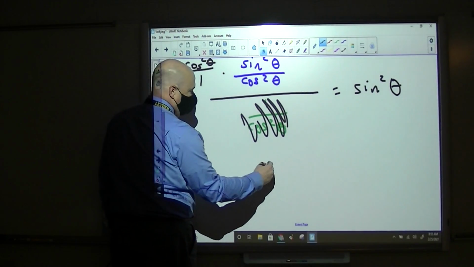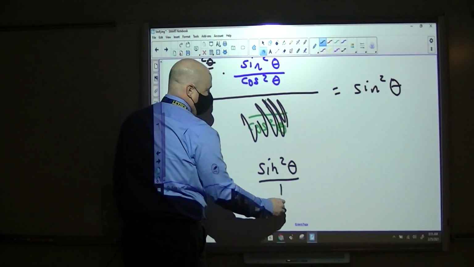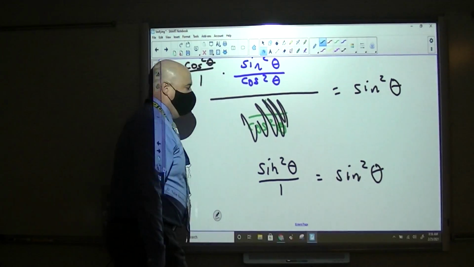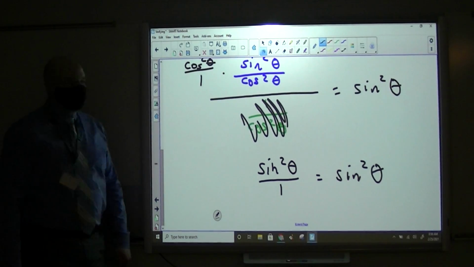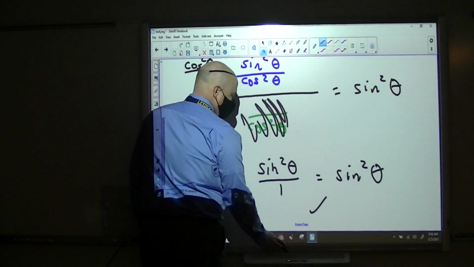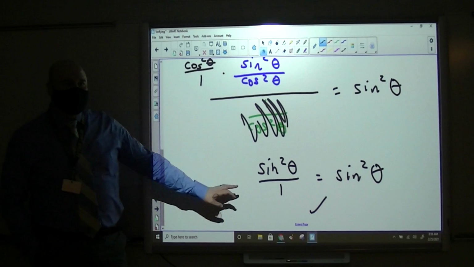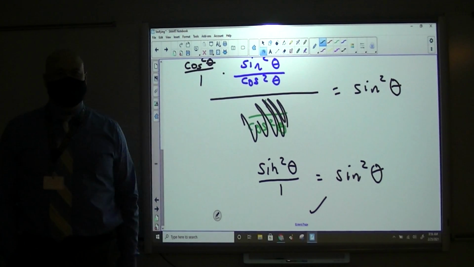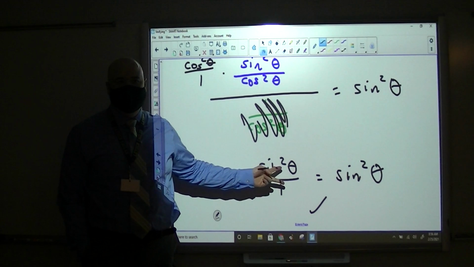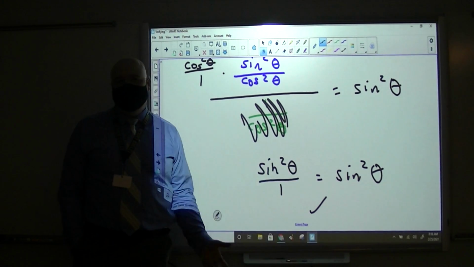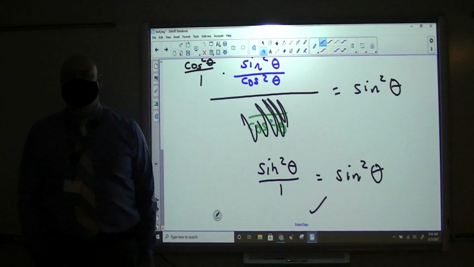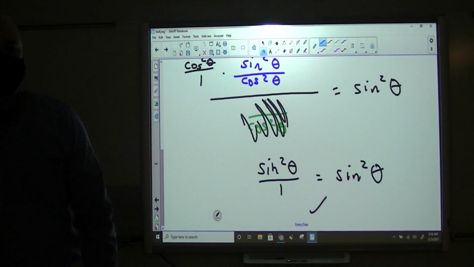And we have sine squared theta over 1, if you want to write it that way, which is sine squared theta. Check mark. Look, do I have to waste the lead from the pencil or ink from the pen to write this as sine squared theta just because that's it? No. We know that sine squared theta over 1 is equal to that. Check mark. Done. We did it. Okay? Yay.